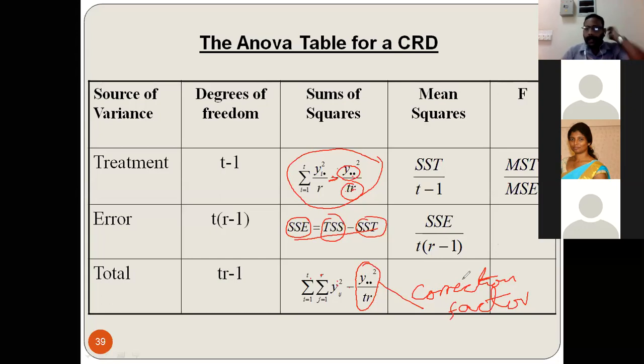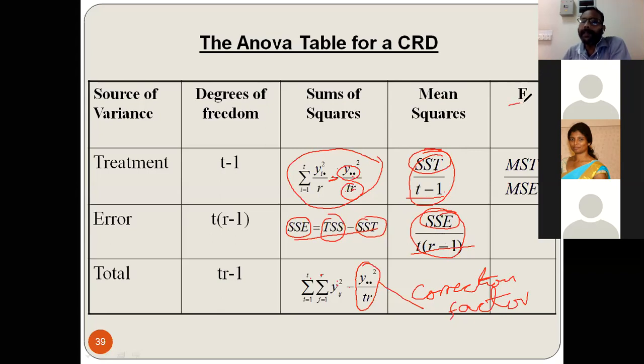Now the mean square is simply sums of square divided by their respective degrees of freedom. So this is the degrees of freedom for treatment. These are the degrees of freedom for error. So treatment sums of square divided by treatment degrees of freedom gives the mean square of treatment. Mean square of error is given as sums of square of error divided by degrees of freedom of error.